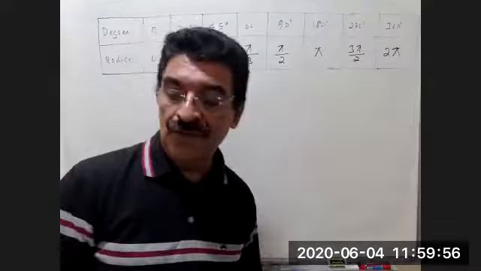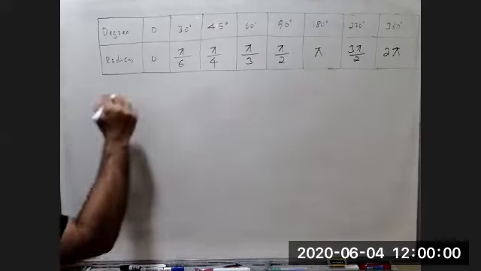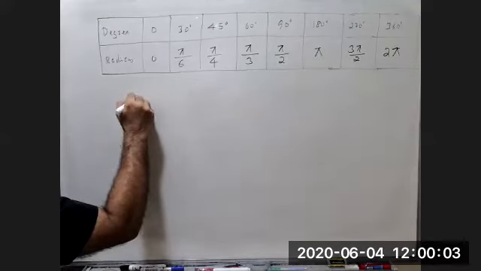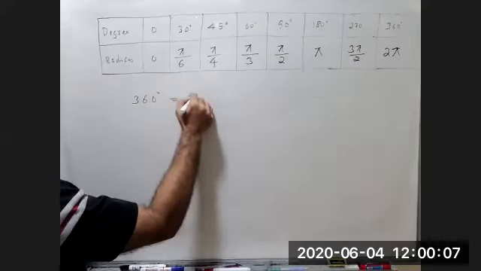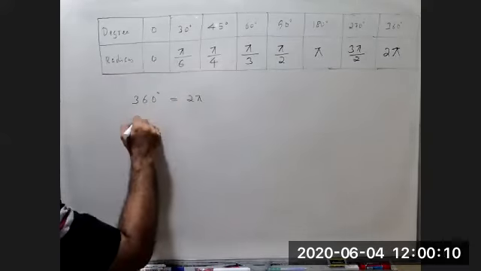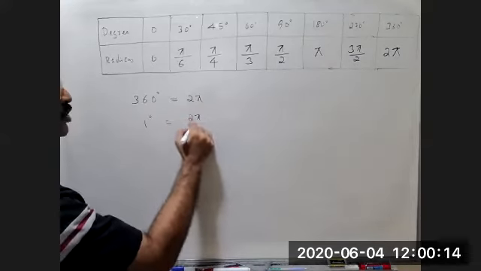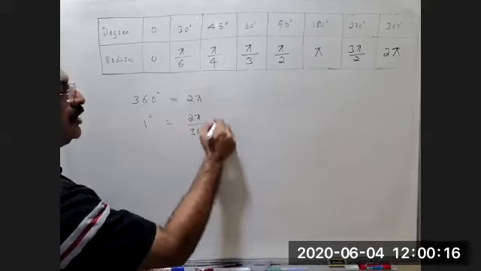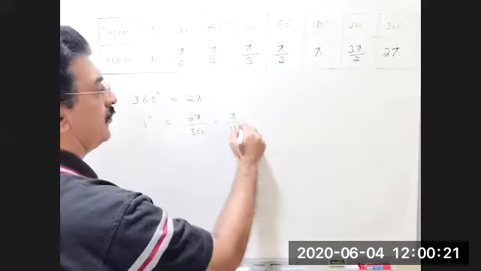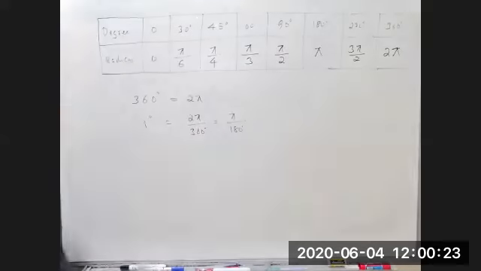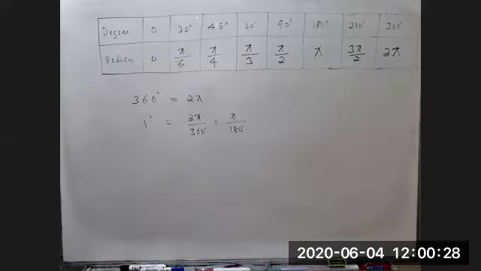Now how to convert this? We know that 360 degrees is 2 pi radian. Then what will be 1 degree? 1 degree will be 2 pi by 360, which is pi by 180 radian. So 1 degree means pi by 180 radian.